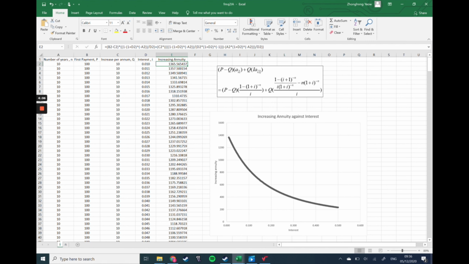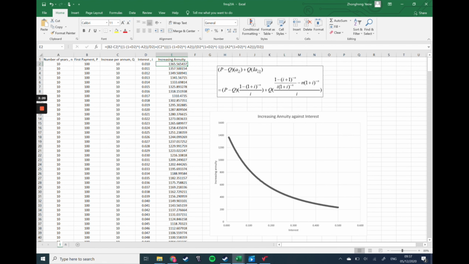We can further elaborate this formula in terms of N, P, Q, I. So it's (P minus Q) times (1 minus (1 plus I) to the power of -1) over I, plus Q times (1 minus (1 plus I) to the power of -1) divided by I times (1 plus I) to the power of -1, minus n times (1 plus I) to the power of -n divided by I. We just type out this formula into the formula bar and substitute all these values inside, then we get the value of the increasing annuity.